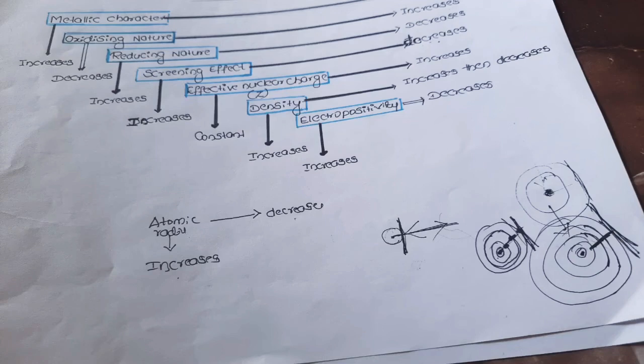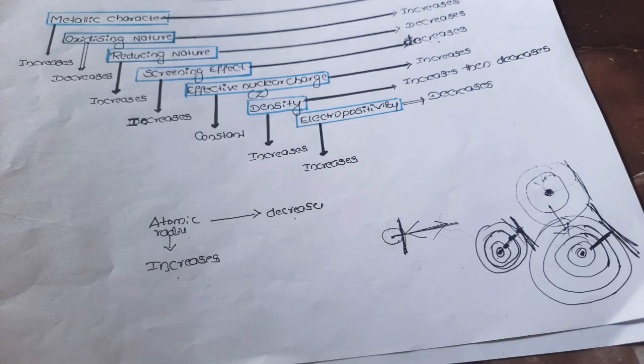Now come to the next concept, that is density. What is density? The general definition that we know is mass by volume. Along a period, obviously the atomic number increases, the number of electrons increases, mass increases, so obviously density increases.